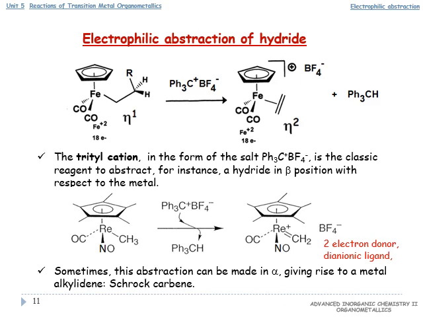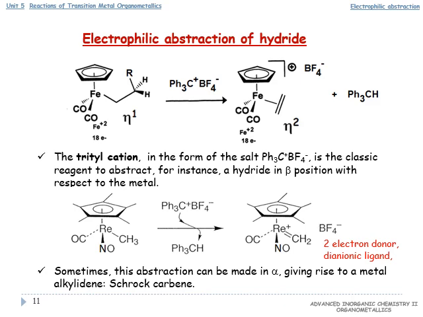Note that the starting iron complex has 18 electrons, no vacant position, and therefore beta elimination would not take place without the corresponding reagent.